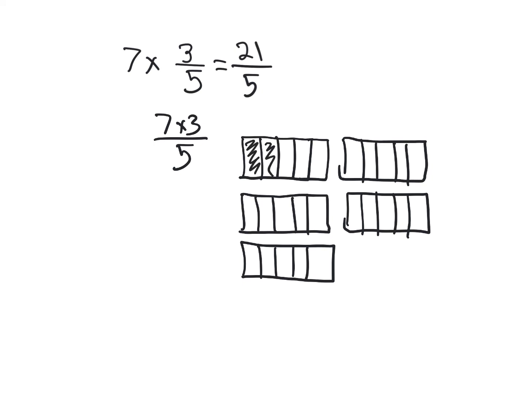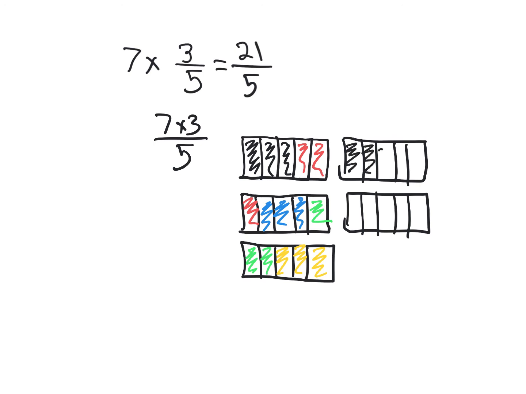All right, so I'm going to use shading, and I'm going to try to do the color thing again. One set of 3/5. Two sets of 3/5. Three sets. Four sets. Five sets of 3/5. I've got to go back to some repeated colors.